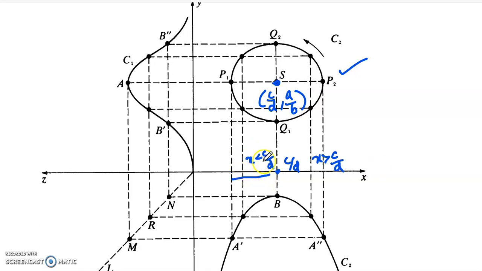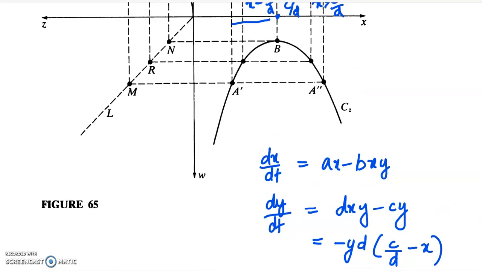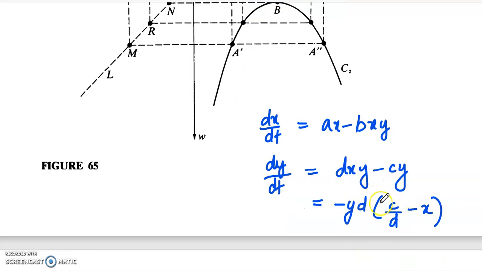Now if you look at the case where x is less than c by d, d is positive, and because x is less than c by d, c by d minus x is going to be positive.